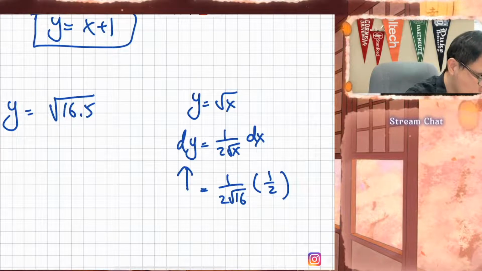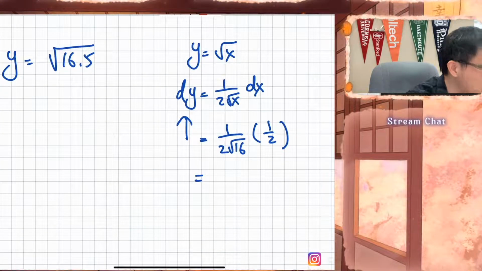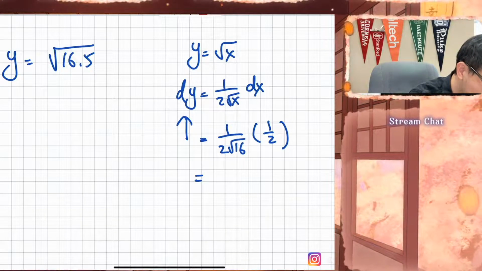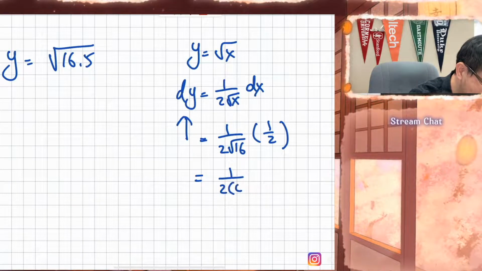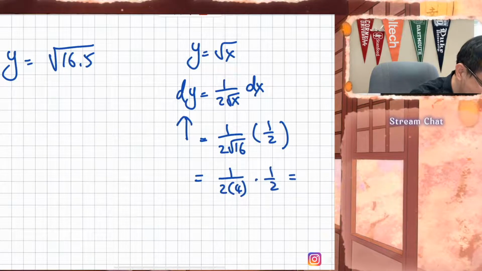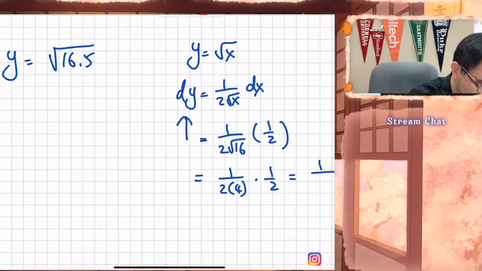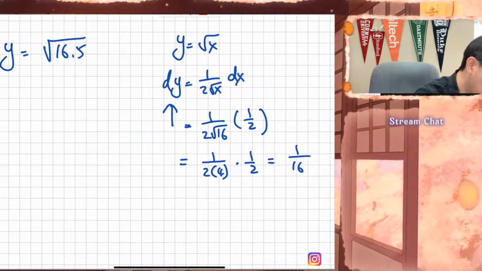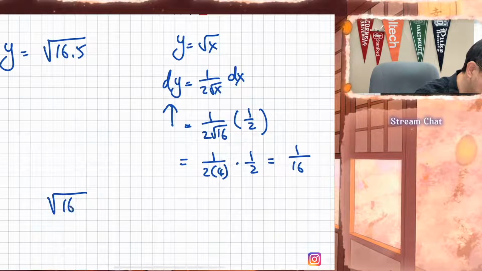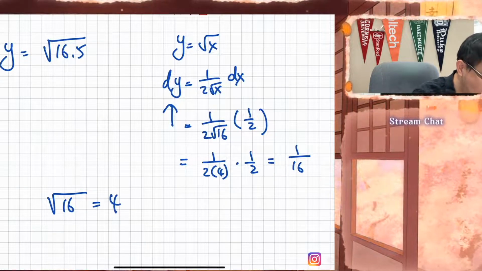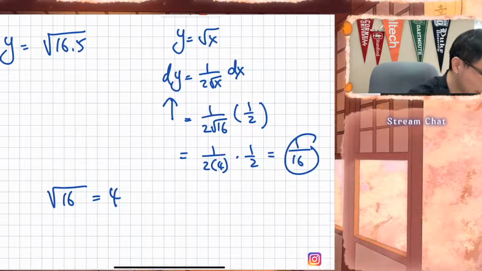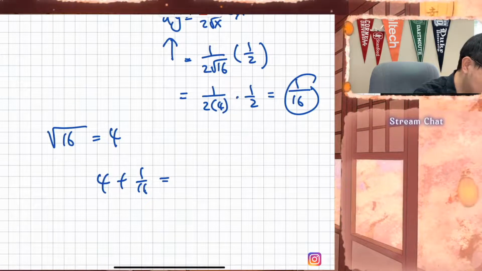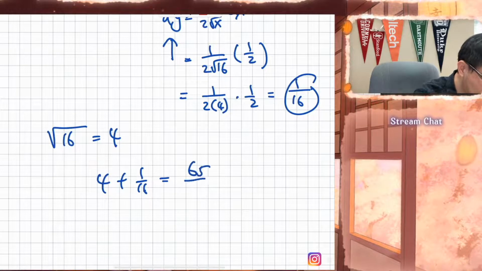So we're going to approximate this and compare to the calculator's approximation. It's going to be 1 over 2 times 4 times 1/2, so it'll be 1 over 16. We already know square root of 16 is 4, so you are adding this to the dy. So 4 plus 1 over 16 equals 65 over 16.